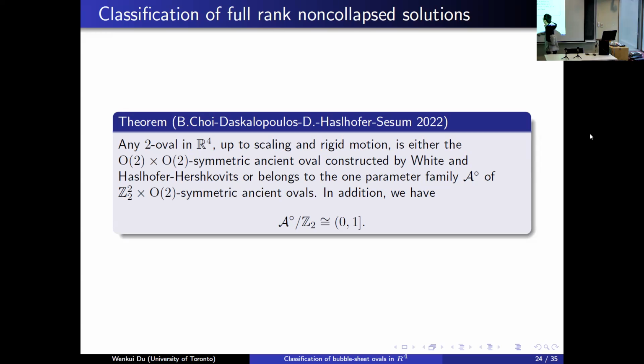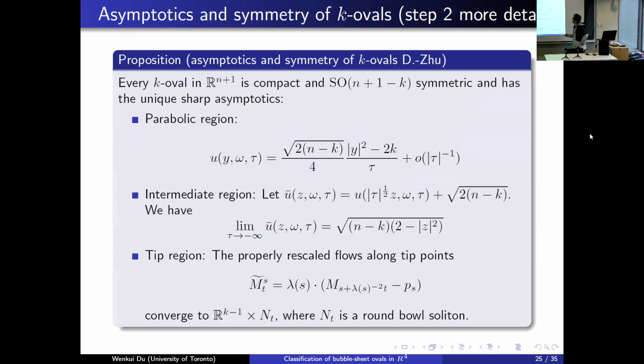Moreover, if the rank 1 result is classified, then its moduli space, quotient by the Z2 symmetry, is a half interval. As I said, in the asymptotics we only studied the parabolic region, which is finite.